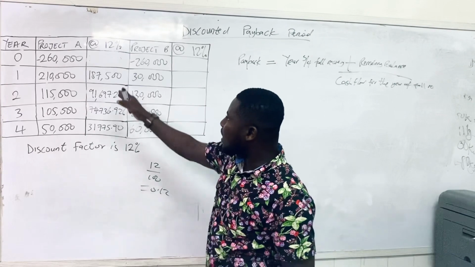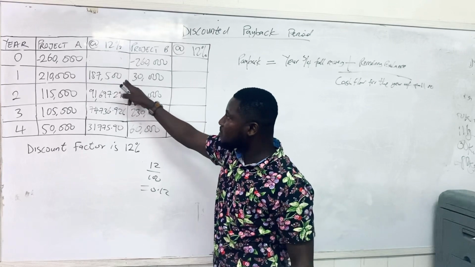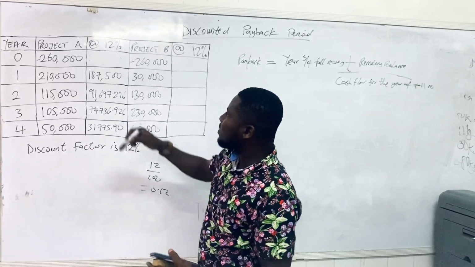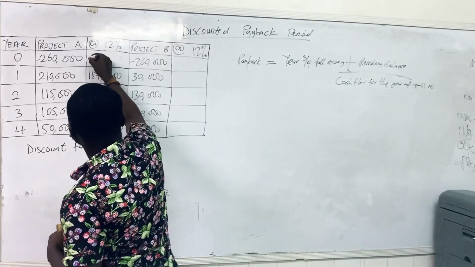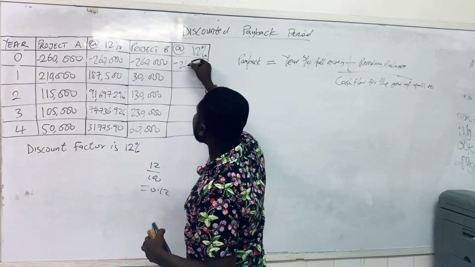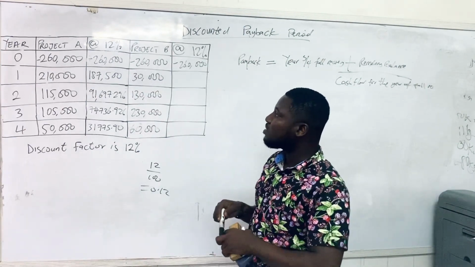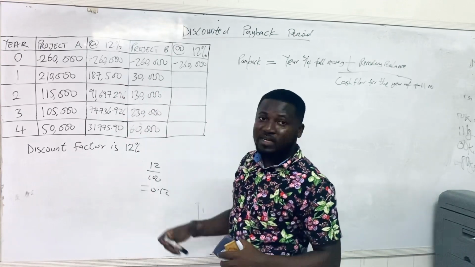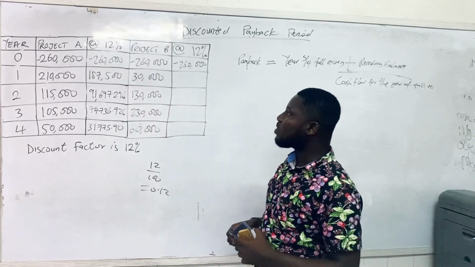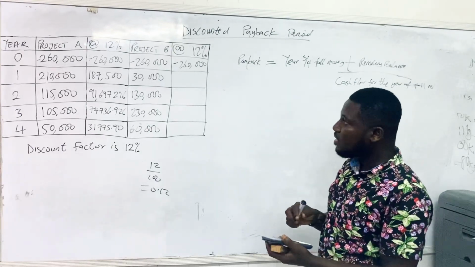Now, when we come to our discounted cash flows for project A, we have 187,500 here. We are still working towards 260,000 as our initial investment. The initial investment remains unchanged, and so we are going to work with our discounted cash flow values to see which year we are going to recoup our 260,000 initial investment.